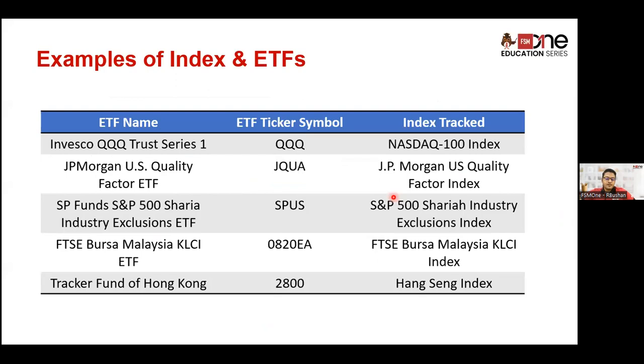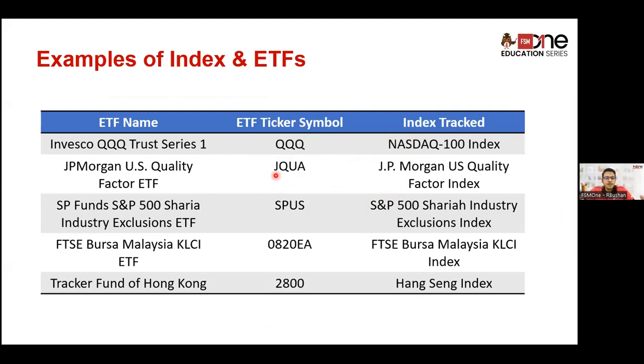Okay, so some examples of ETFs, their ticker symbols, and the index that they track. These are the common examples. You might have heard of these ETFs, for example QQQ, which tracks the Nasdaq 100 index, meaning the top 100 companies listed on the Nasdaq stock exchange. And there are also some very different types of ETFs.